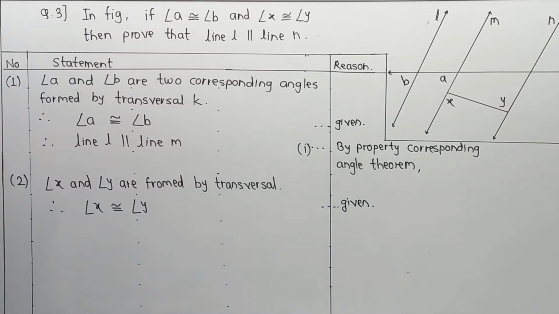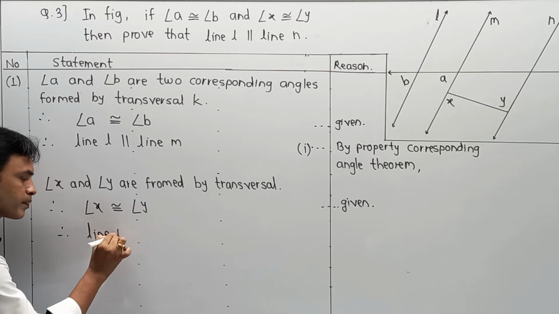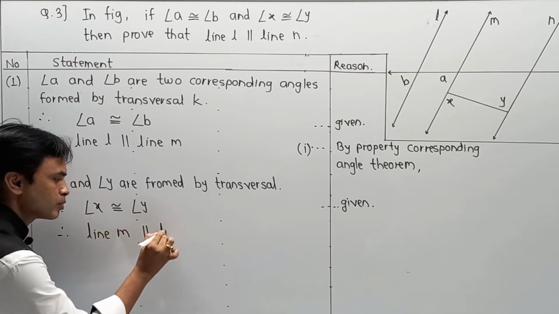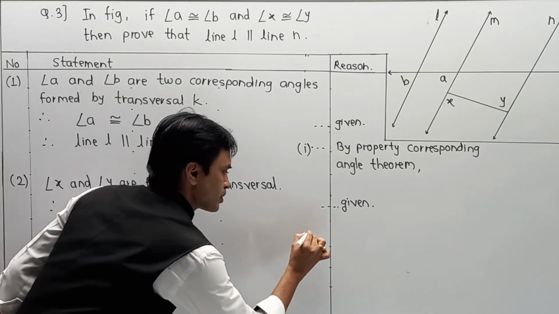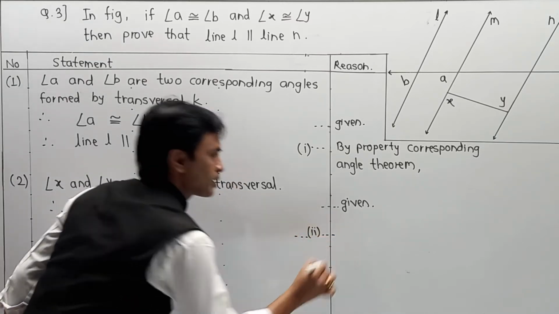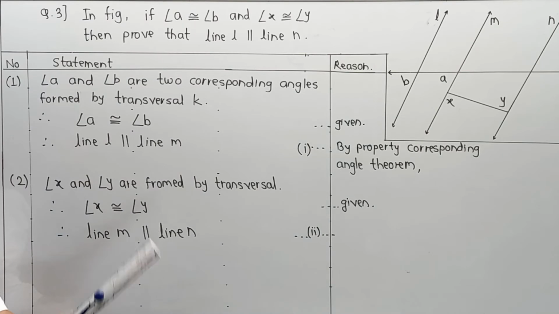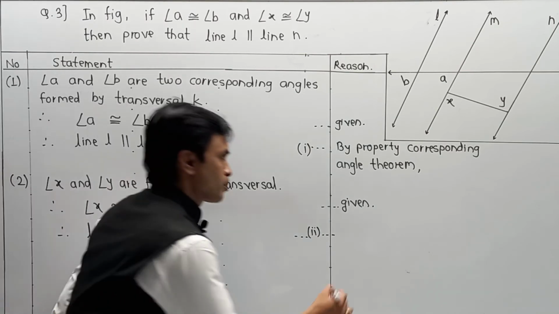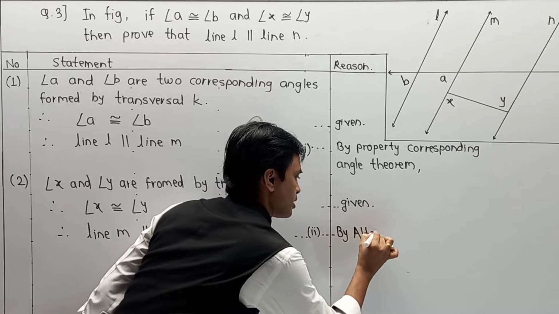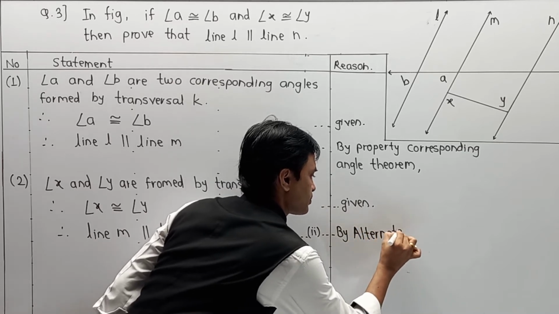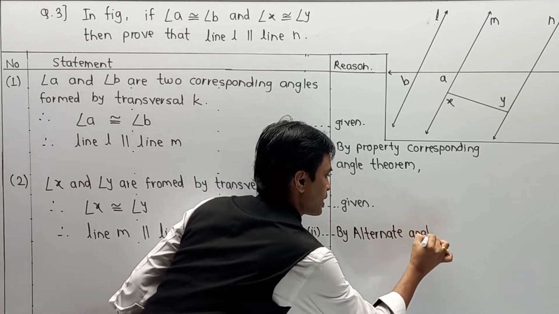Naturally, line M is parallel to line N. I am going to call it equation number 2. And here, X and Y are nothing but alternate angles. So, by the property of alternate angles, by the alternate angle theorem or alternate angle property theorem.